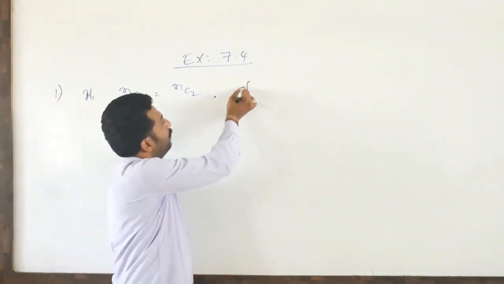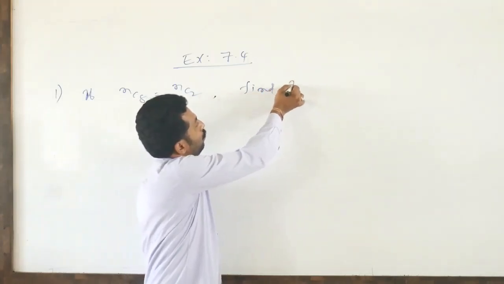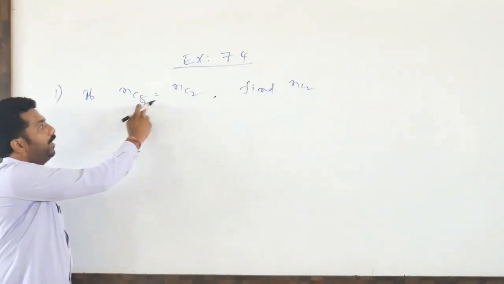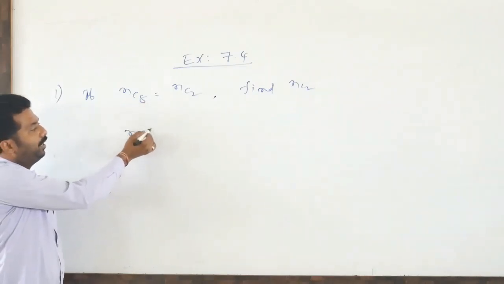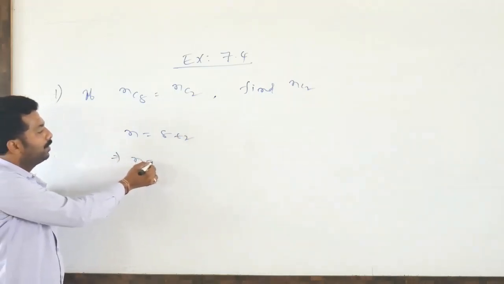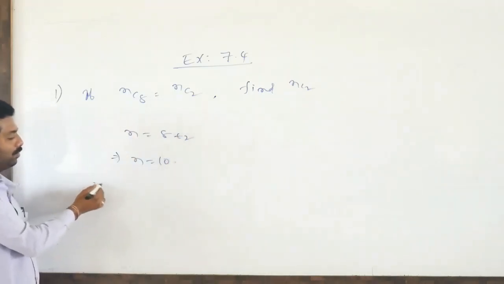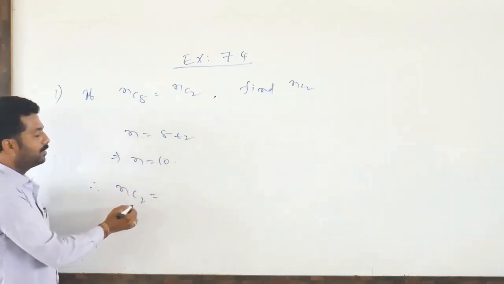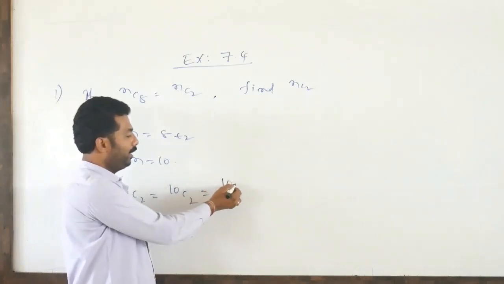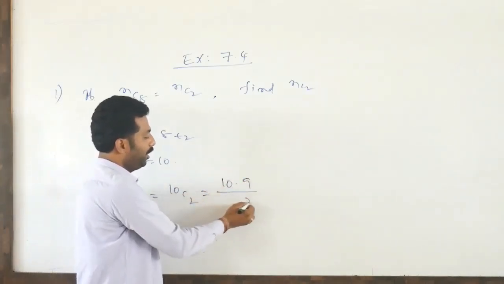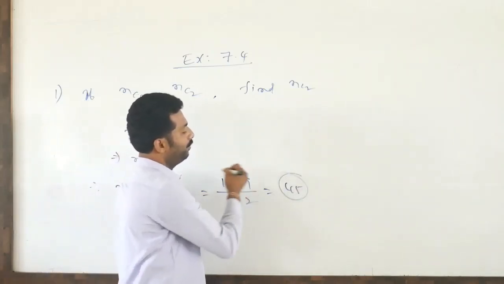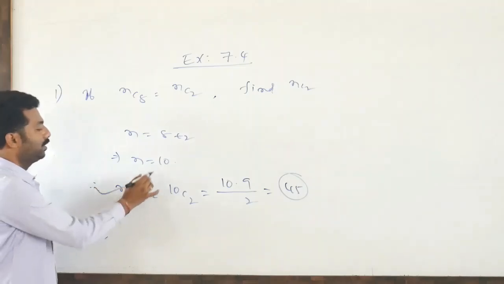Same as the previous case: 8 cannot be 2, so n is 8 plus 2, that is x plus y. So n is equal to 10. Therefore what they are asking is nC2, nothing but 10C2. How to write 10C2? 10 into 9 divided by 2, so this is 45. Like this we have to answer.